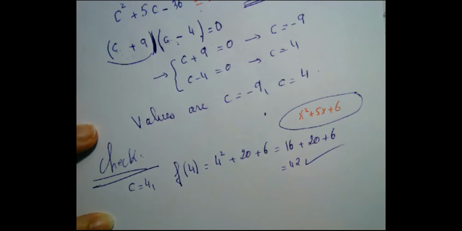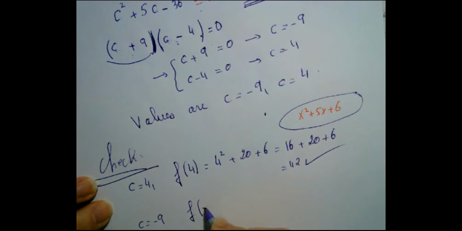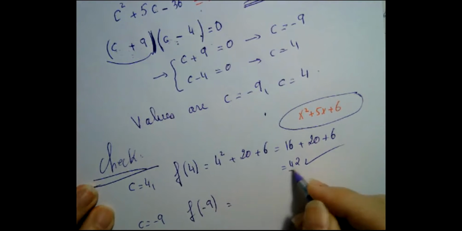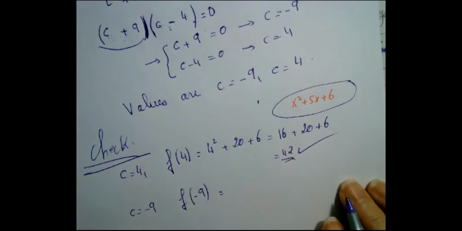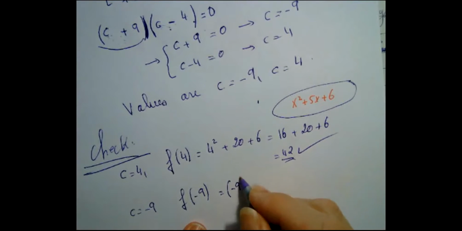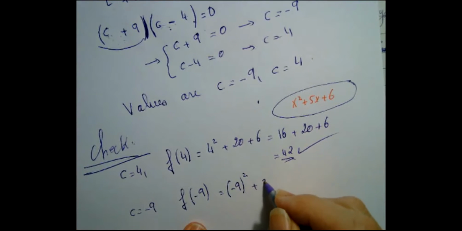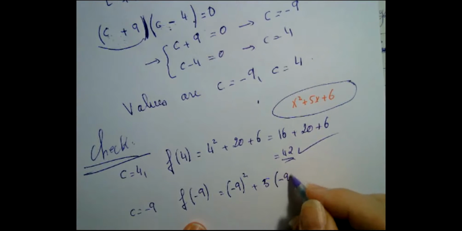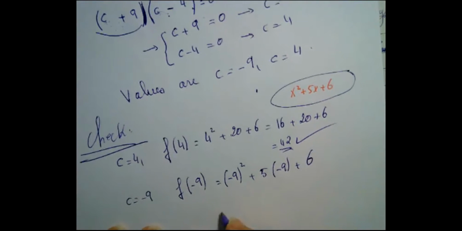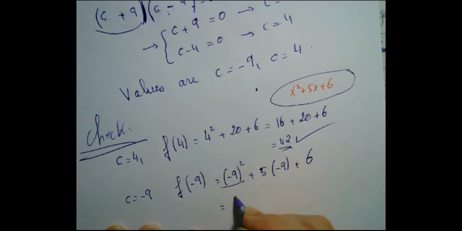That's 42. That's correct. Now I'm going to check -9. I'm going to evaluate at -9, and I should get 42 because that's the output I'm looking for. This is -9 squared plus 5 times -9 plus 6. We evaluate. This is 81.